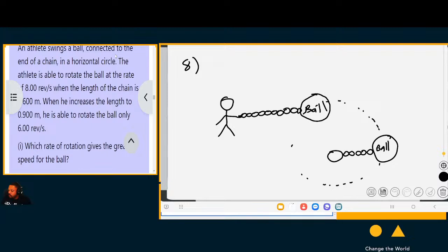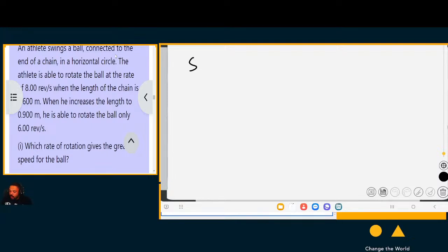So now they are giving us information. Always write down information that's been given, whether relevant or not. I've often found that if I write all the information out, and whatever I need, I write it as well with just a question mark next to it. For instance, they've given us the rate of revolutions per second is 8.